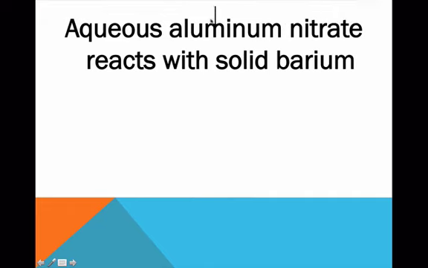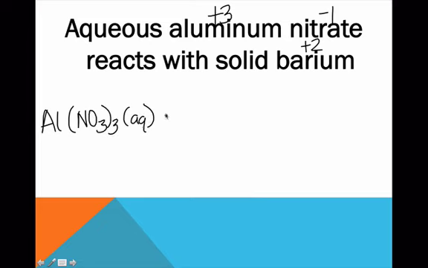Aluminum nitrate. Aluminum is a +3, nitrate is a -1, and when I need it, barium will be a +2. But to write this out for now, aluminum nitrate, and I'm going to need 3 of them, reacts with solid barium. And remember, since it's barium by itself, I don't worry about the charge yet.